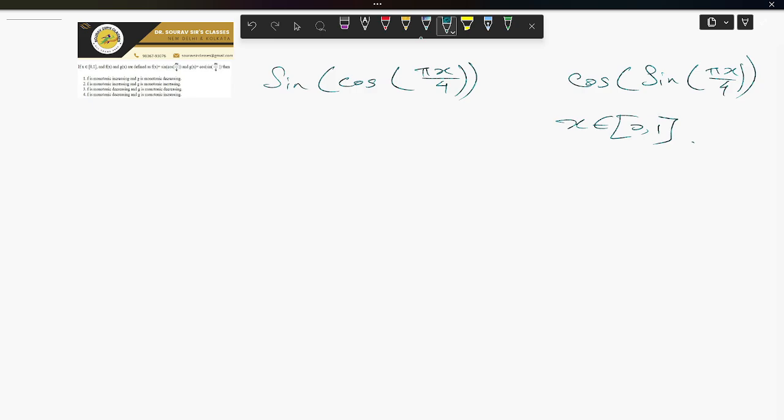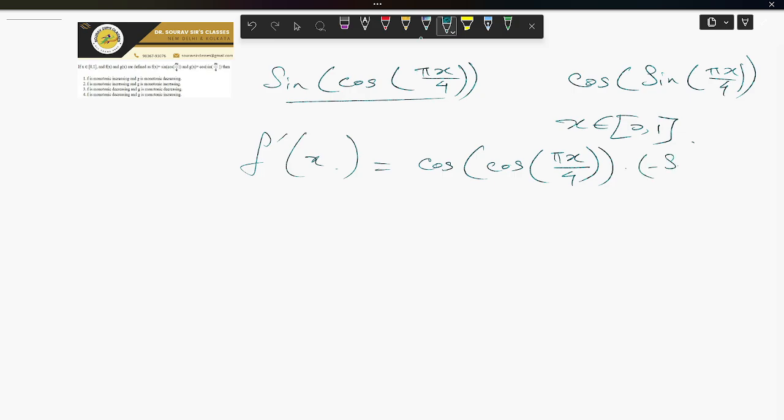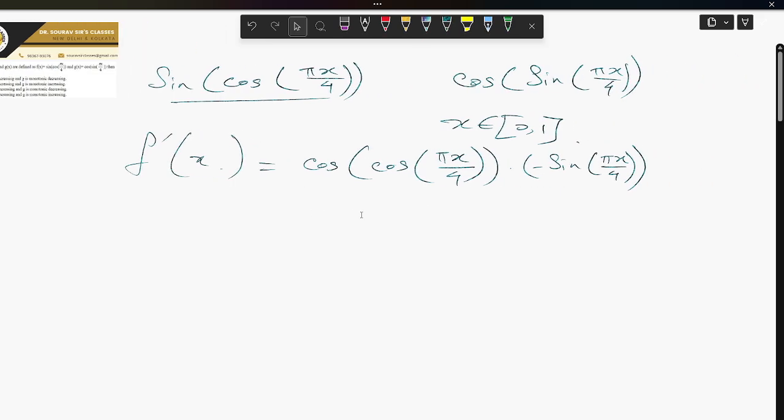Step 1, we have to compute the derivative of f(x). So our f'(x) will be cos(cos(πx/4)) into minus sin(πx/4), and finally we will get π/4.